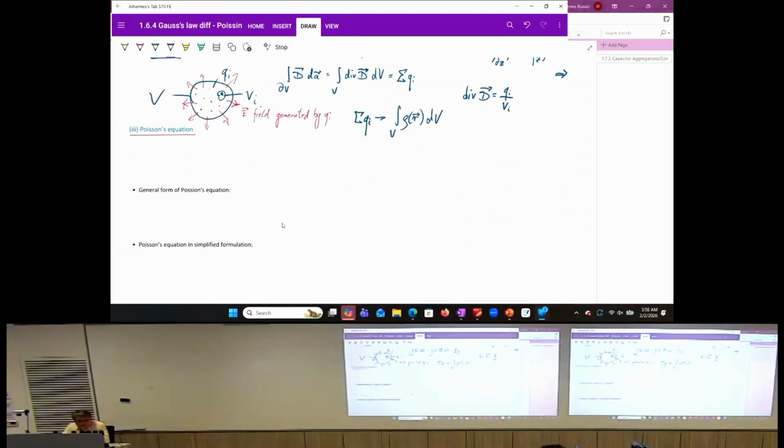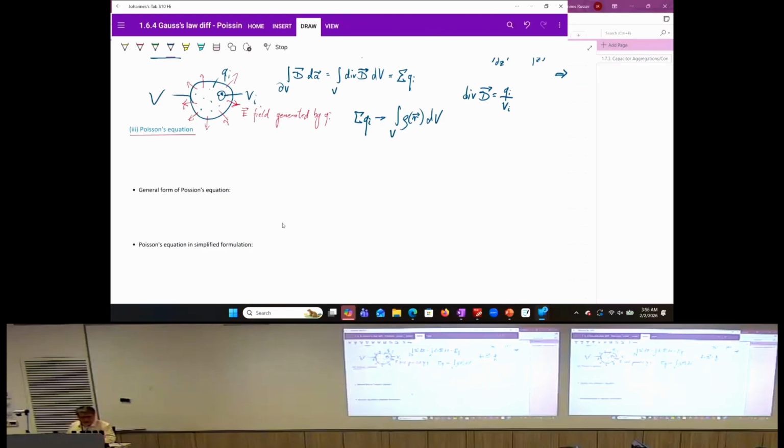Now I want to look at Poisson's equation, and that you obtain in quite a straightforward manner. We know that with respect to the scalar potential that we have introduced earlier, the electric field is obtained by taking the negative of the gradient of that scalar potential.